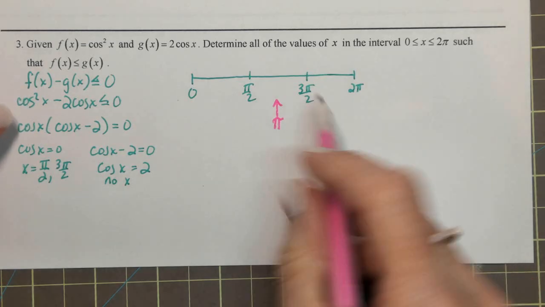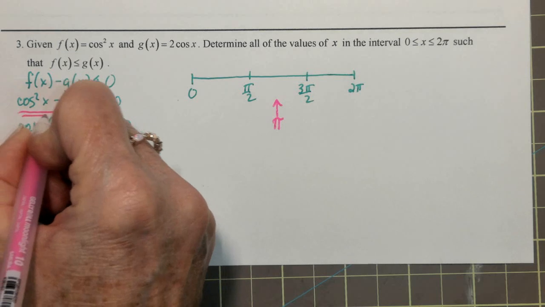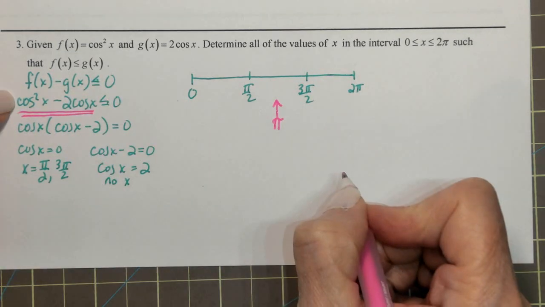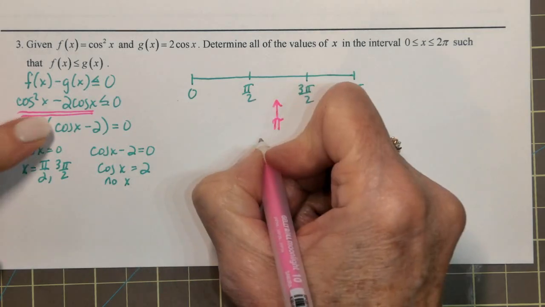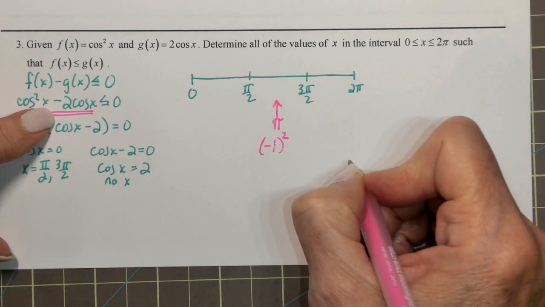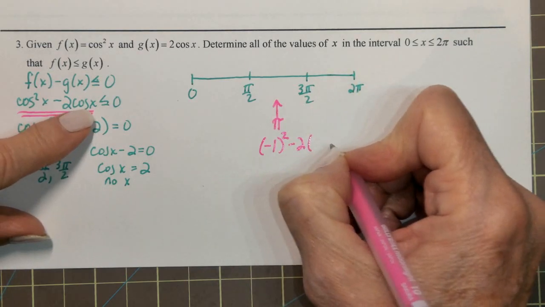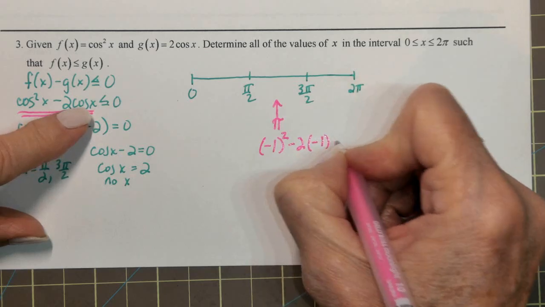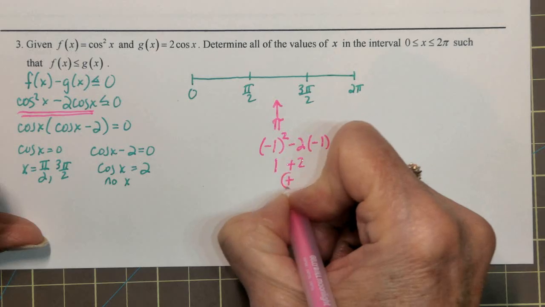Alrighty, so I'm going back to this right here. I have cosine of x squared. Well, cosine of pi is negative 1, but then we're squaring it. It'll be a positive 1. Minus 2 times cosine of pi, and cosine of pi is negative 1. That is 1 plus 2, and that is positive.